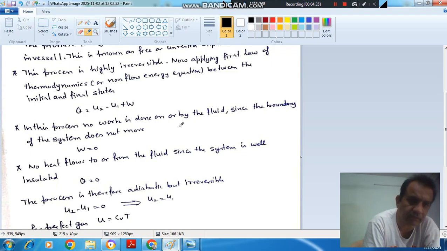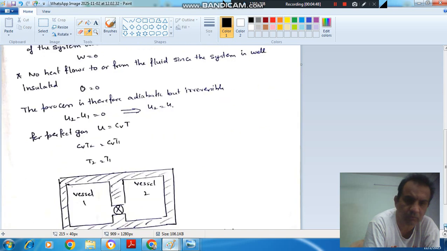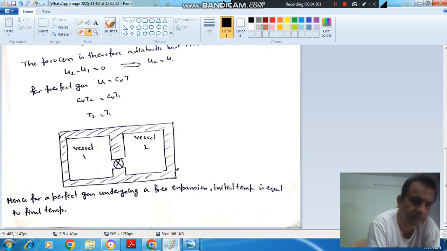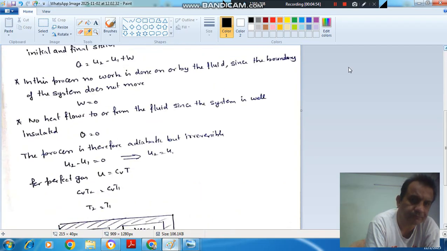W is 0. We are considering this as a whole system and the system remains here, so no work is done. No heat flows to or from the fluid since the system is well insulated. Q is equal to 0. The process is therefore adiabatic but irreversible.